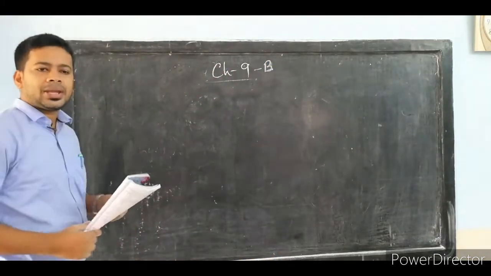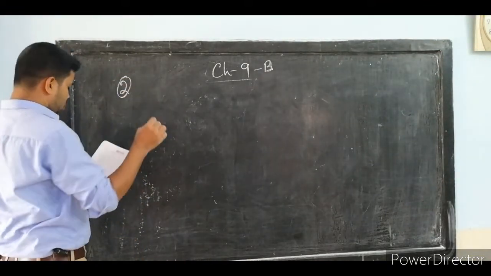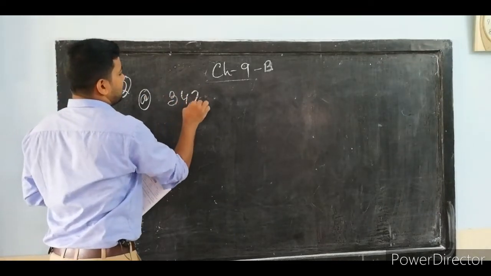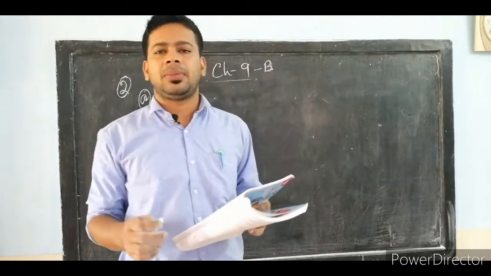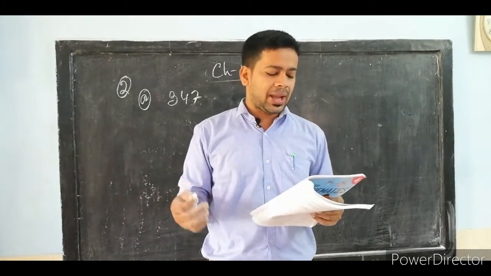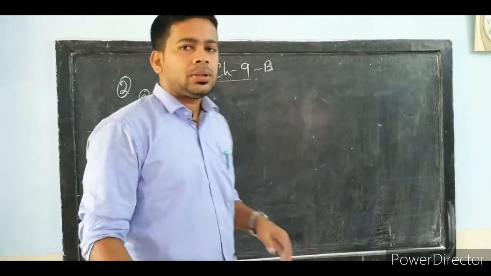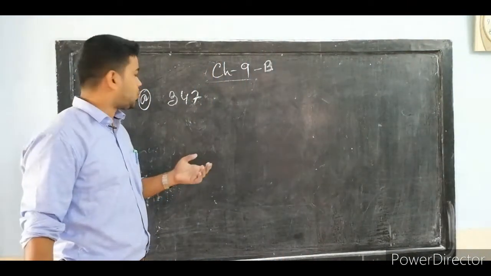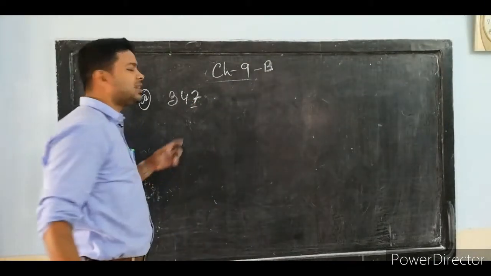So now we are in exercise 9b. We are going to solve question number 2a. A number is given as 347 and the question is, what is the least number? Least number means the smallest number that can be added to the following numbers to get a number divisible by 2. As we are checking the divisibility test of 2, we will see only the last digit. What do we have in the last digit? 7.